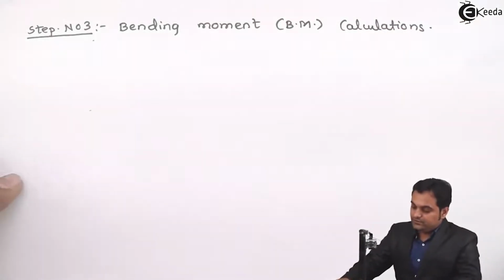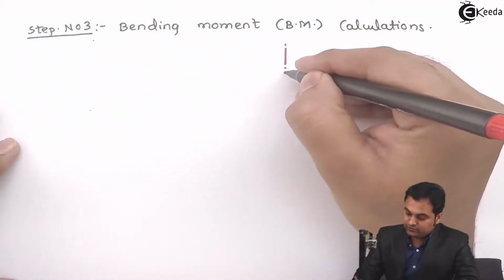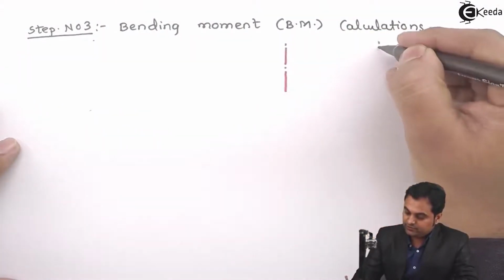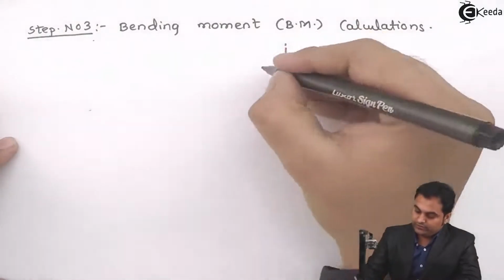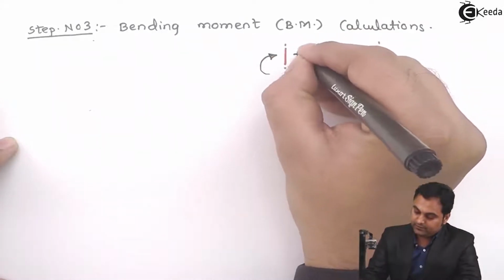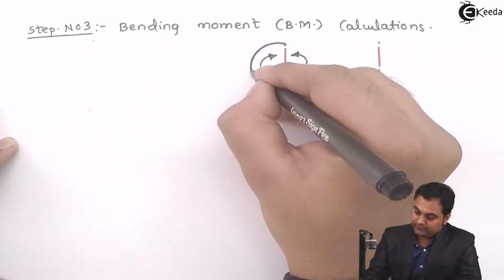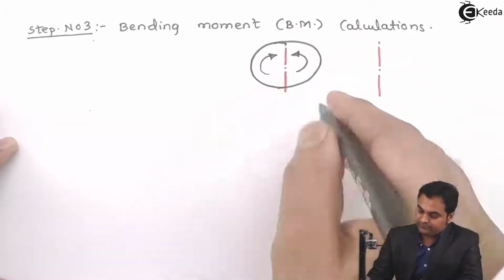For this also, like in the case of shear force, we need to have a sign convention first, without which we cannot solve the problem. So to the left of the section, clockwise moment, and to the right, anti-clockwise moment, both are treated as positive.